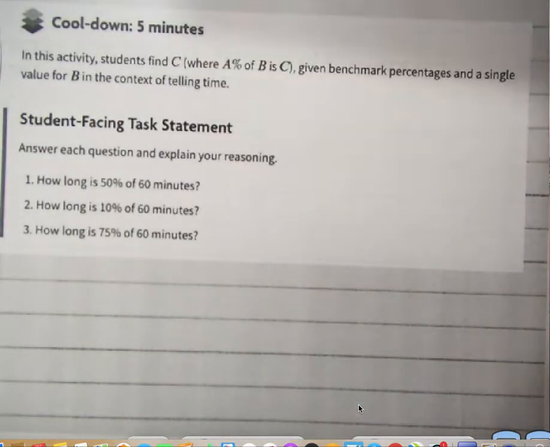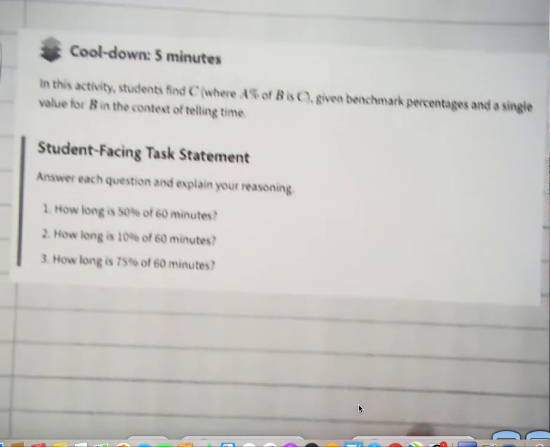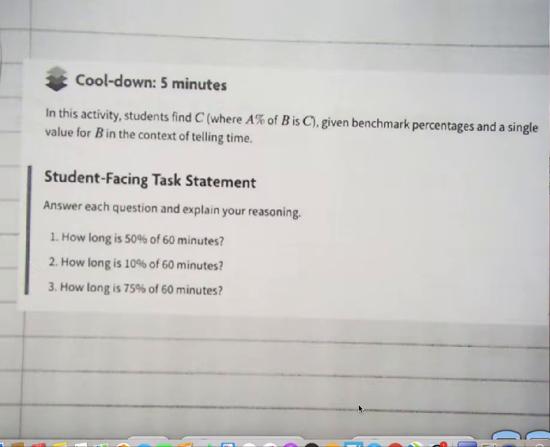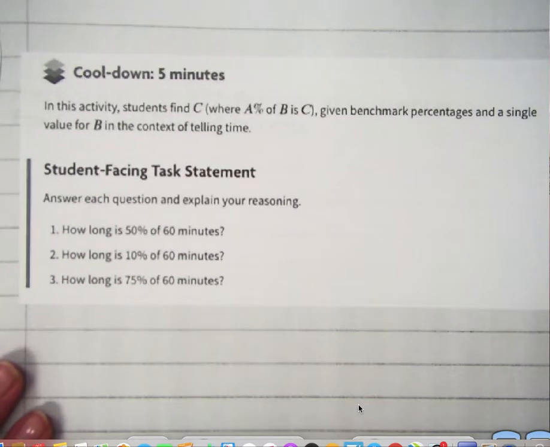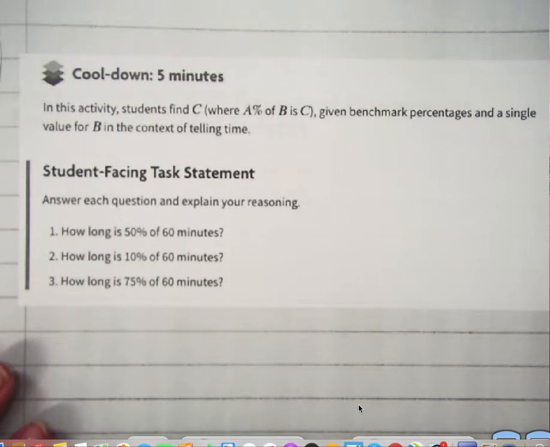Okay? So our cool down for today. In this activity, students find C where A% of B is C, given benchmark percentages and a single value for B in the context of telling time. How long is 50% of 60 minutes? Half of 60 minutes.